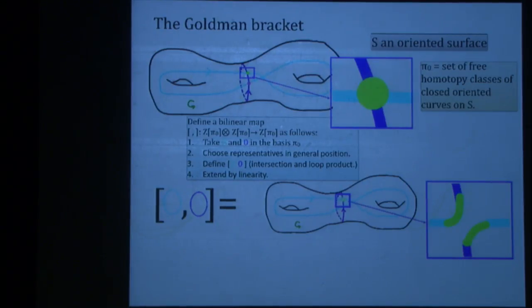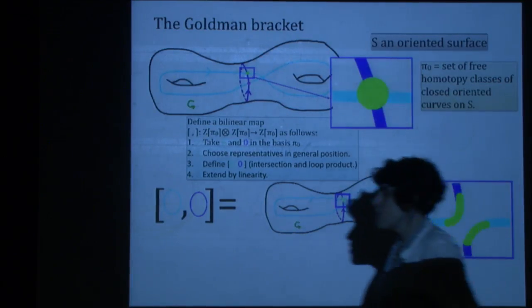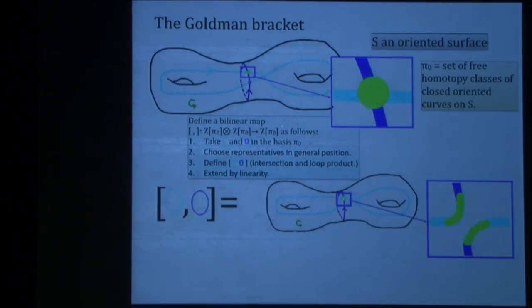So when I have loops that I let wander in the surface, maybe they cross many times, they don't have a special point. But what I do is I say, okay, go to a point where you can perform the loop product and then perform it. And then you get a curve, take its free homotopy class, and then we will add a sign.